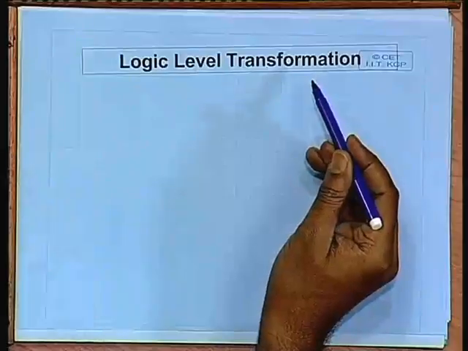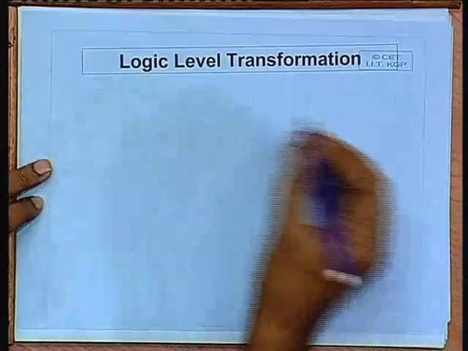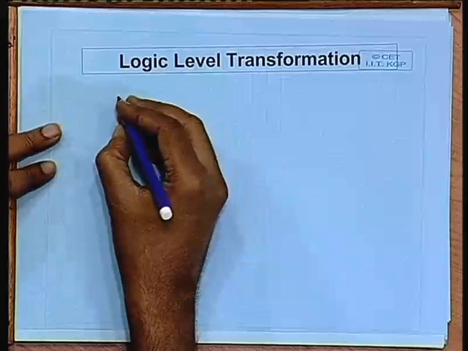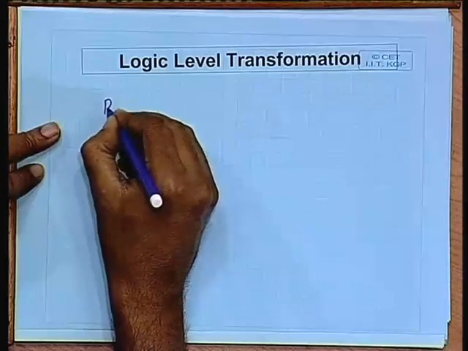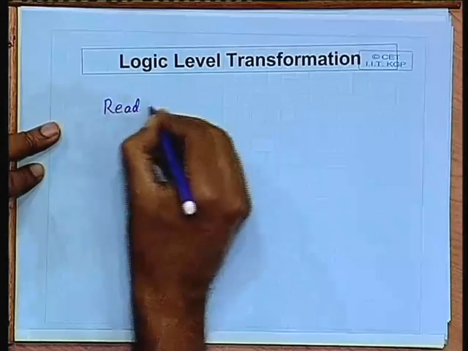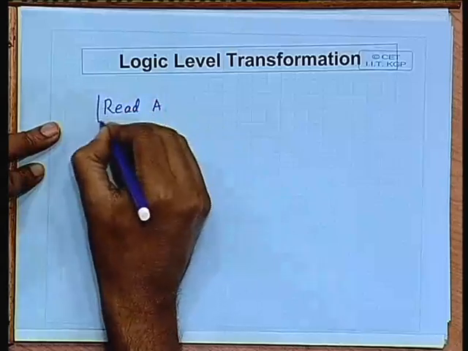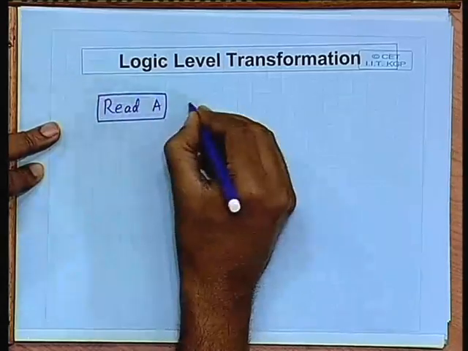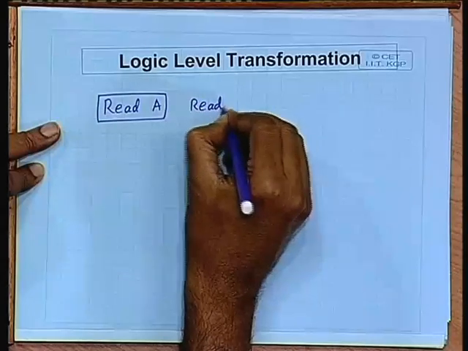And you can have some kind of logic level transformations which are of course fairly trivial, like I am giving a very simple example. Suppose in a portion of the data flow graph you have a segment like this.